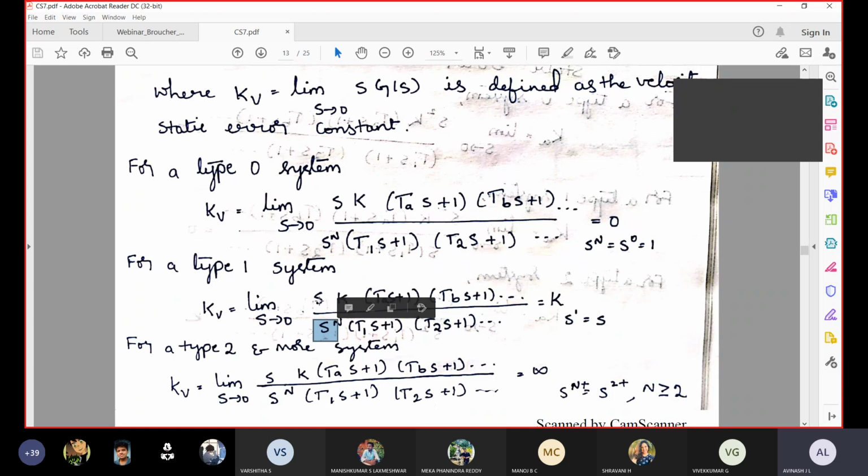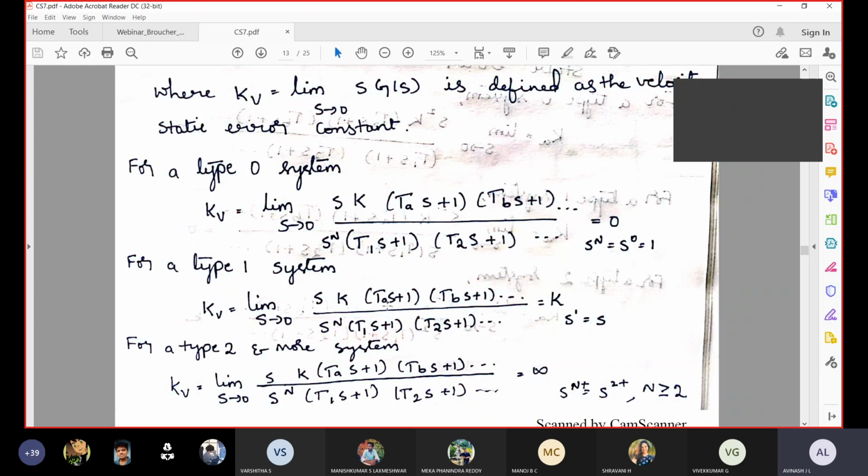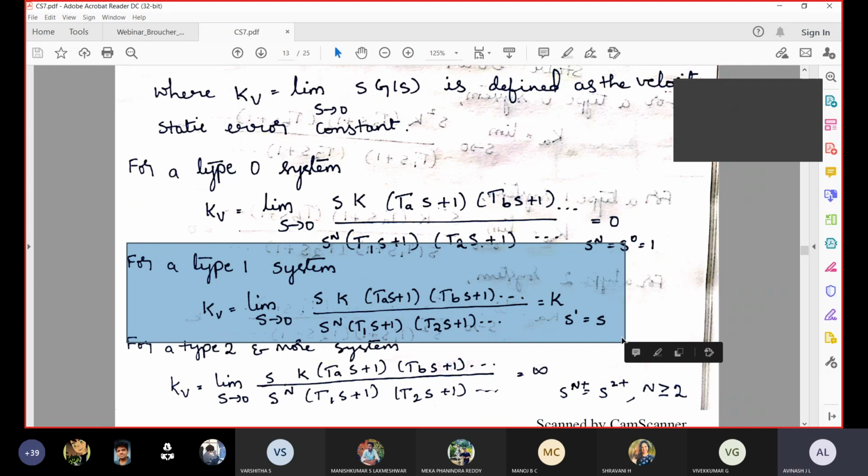Now after cancelling, if you put limit s tends to 0, K into 0 plus 1 is 1, into 1 divided by 1 into 1. That means K into 1 divided by 1 equals K, you will get a constant. For a type 1 system, Kv equals K, a constant. Is it clear?